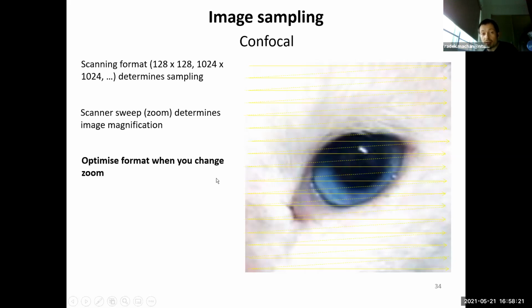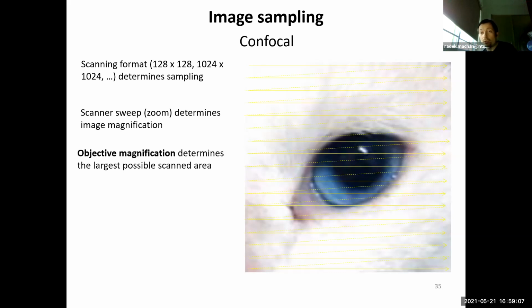Obviously, the important thing is that if I change the zoom factor, that means I change the scanned area, I need again to optimize the format. So when I change the zoom, I again should press the optimize XY format button so that I keep the same pixel size. Otherwise, the images will not be consistently sampled, and it will not be possible, for example, to quantitatively compare the intensities in the images.